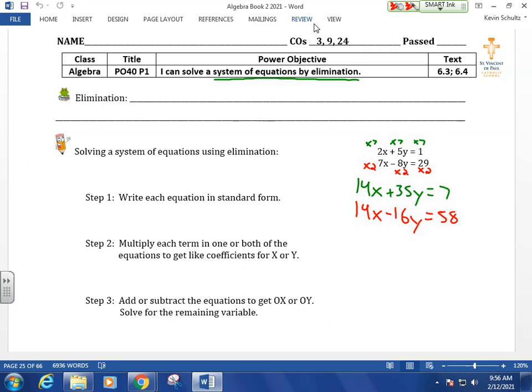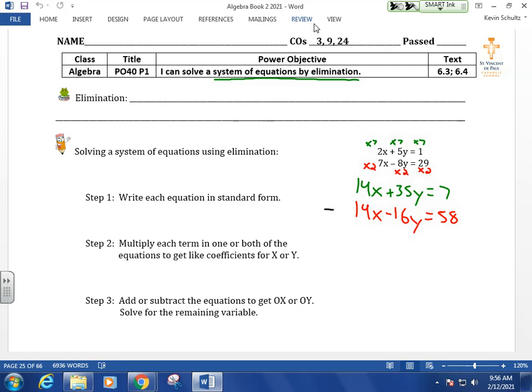Everyone with me so far? Okay. What doing this does, by getting those like coefficients in front of that x term, I can now combine these equations with subtraction to get one equation with one variable to solve. Okay?